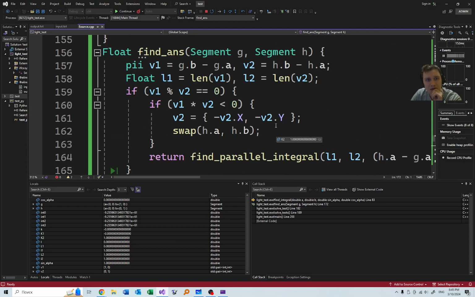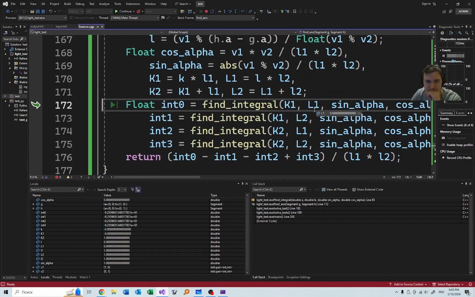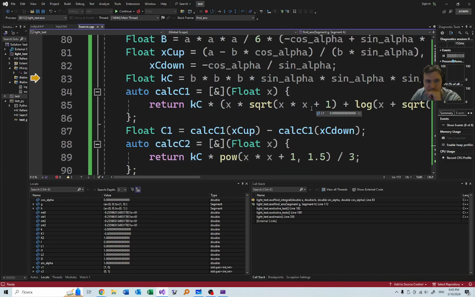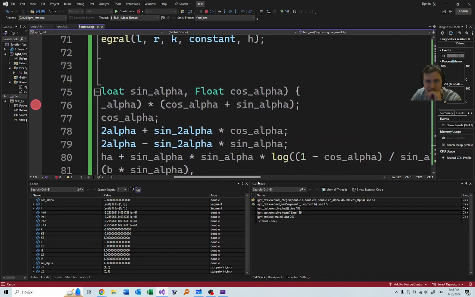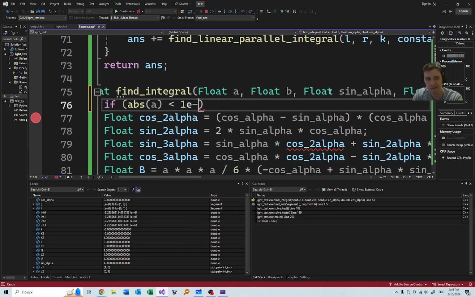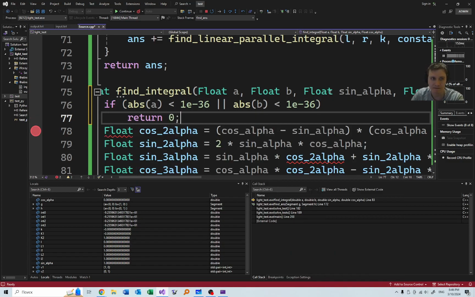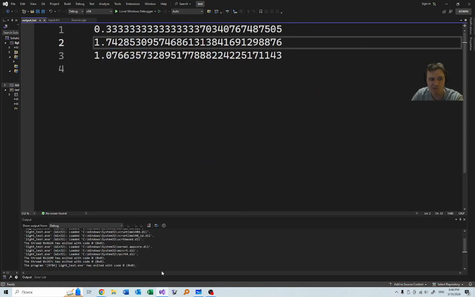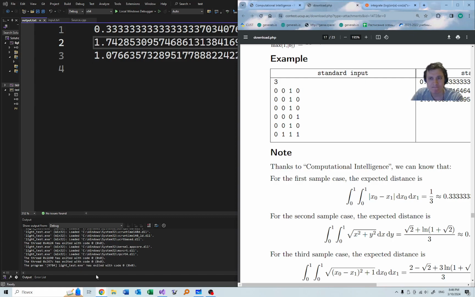Why is b 0? Okay, now it's positive, but it's not correct.